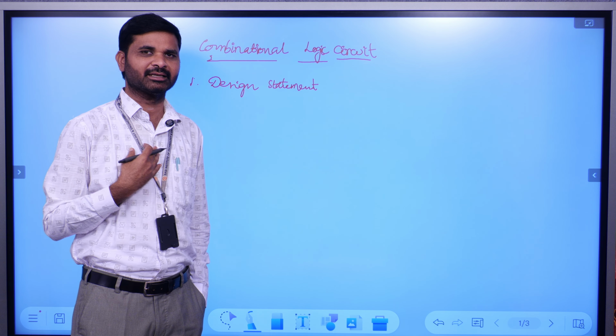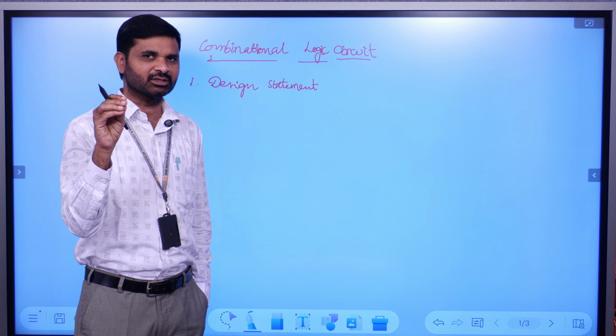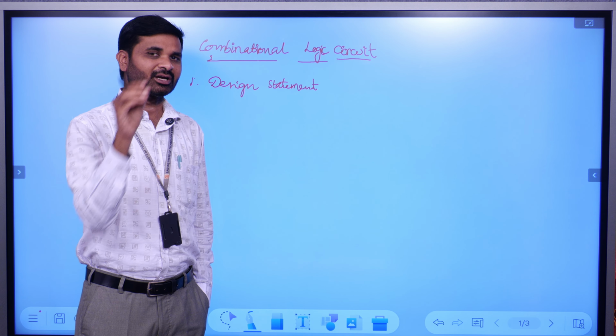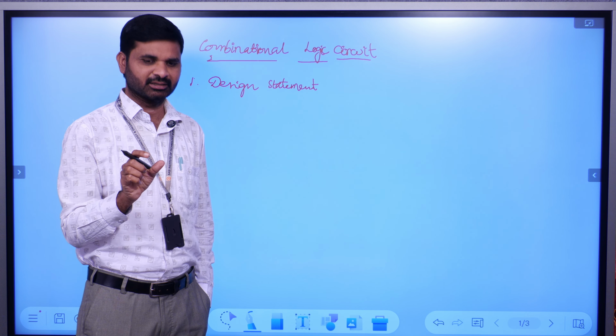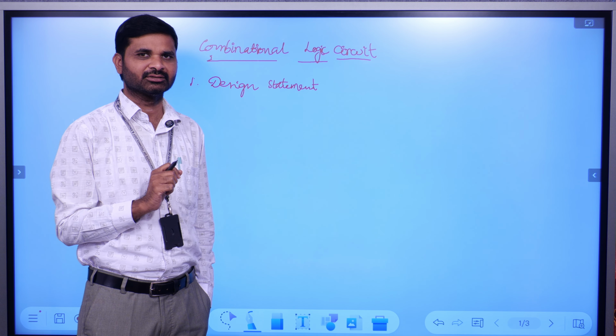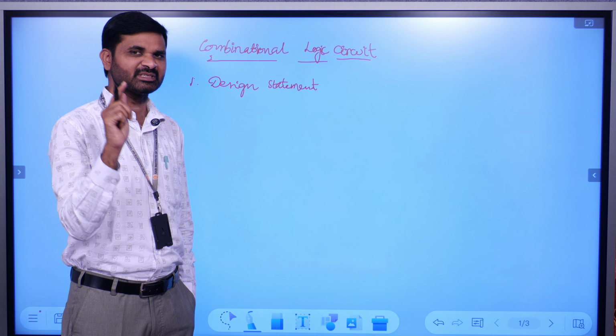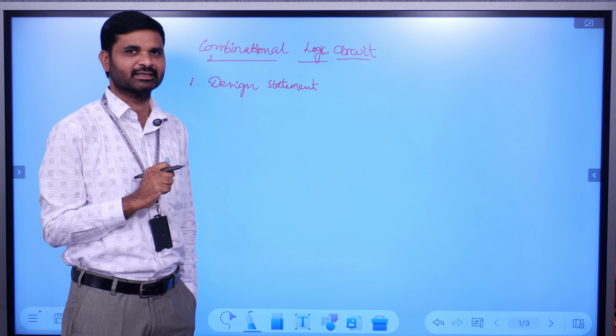Suppose I am designing a multiplexer. A multiplexer is a logic circuit whose output will be one of many inputs based on the combinations of two selection lines or n selection lines, where the inputs are 2 power n inputs and the output is only one output. This output will be selected as per the combinations of the selection inputs.